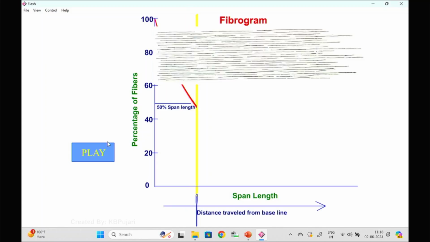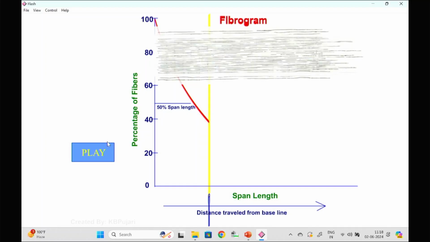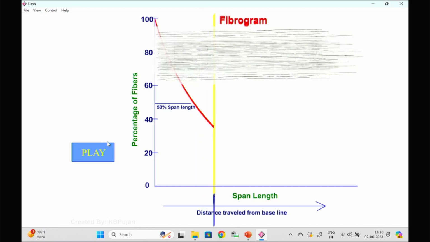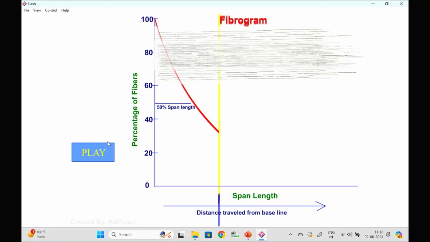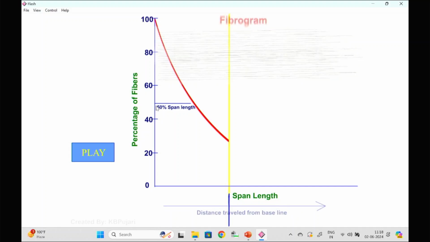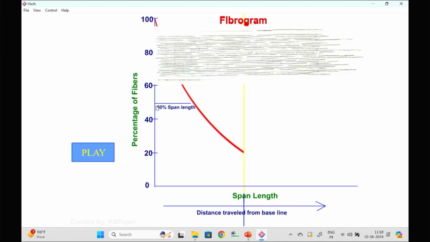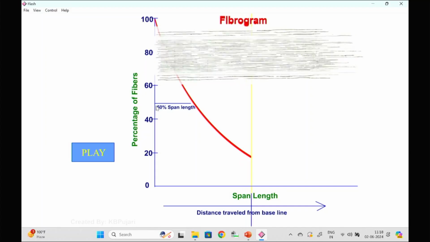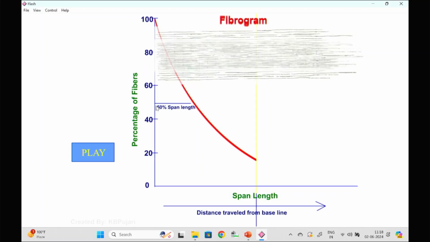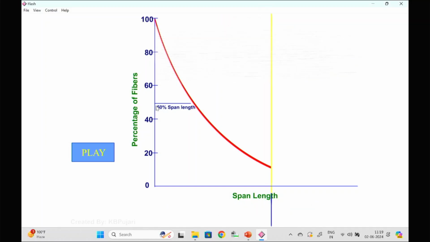Then as we go towards the right side, gradually the number of fibers reduces and this plot is generated. So where the number of fibers is 50% of the initial, we call the length spanned the 50% span length. And we continue.